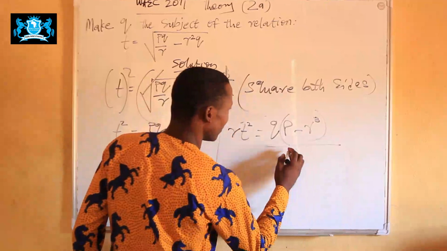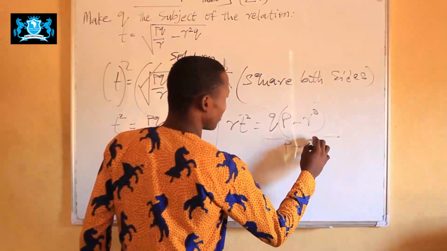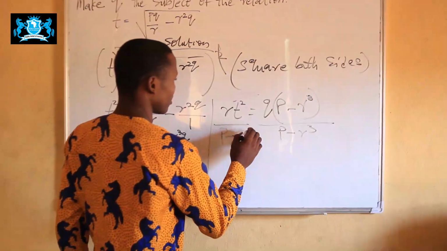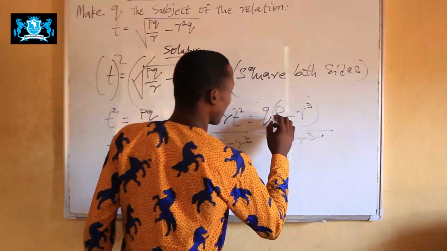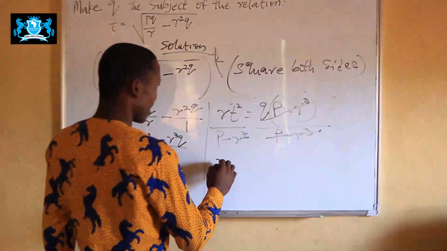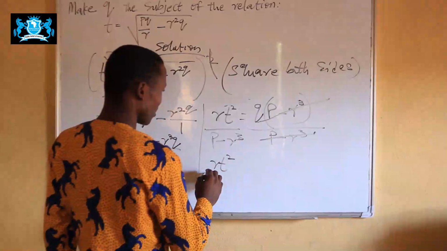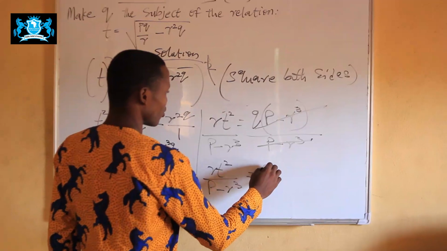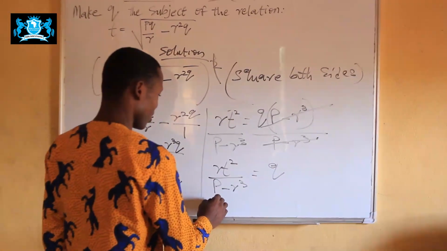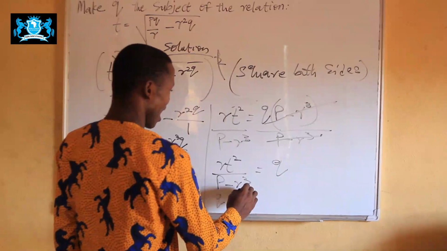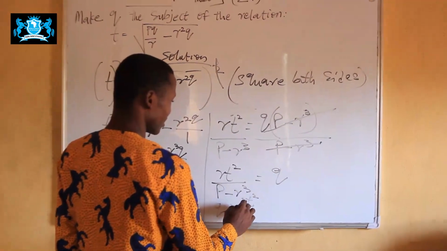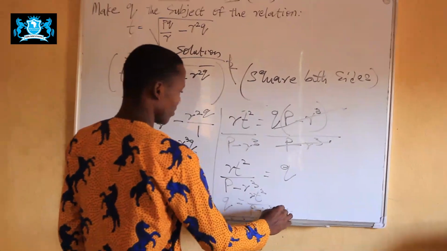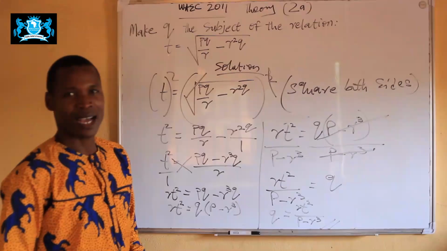So divide both sides by P minus R Q. If you divide and divide, you will now have R T squared over P minus R Q equals Q. That's the same thing as saying that Q equals RT squared over P minus RQ. This is our final answer.